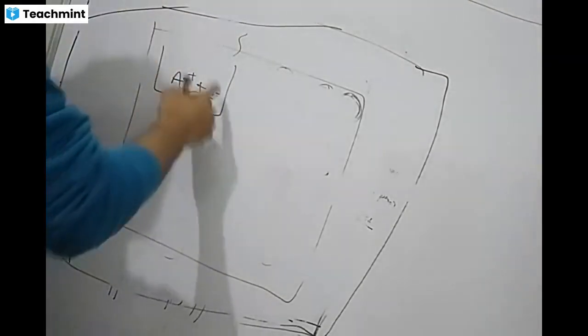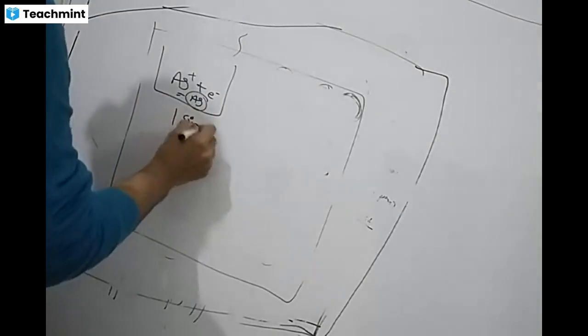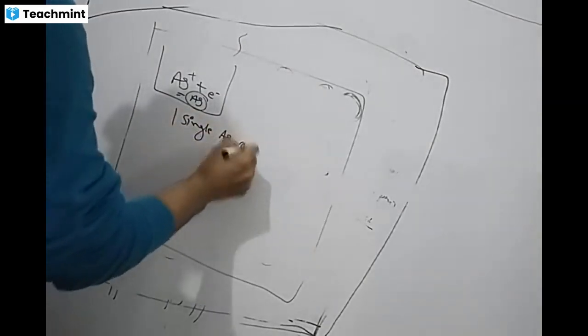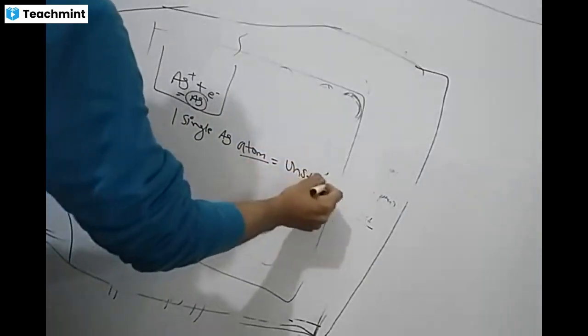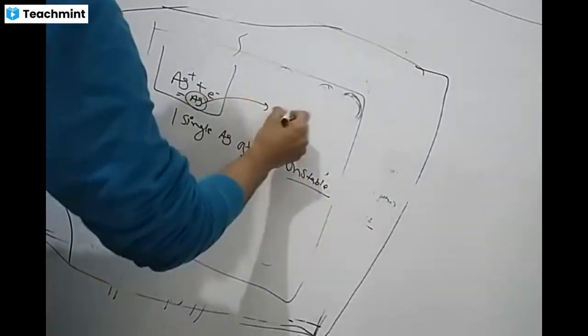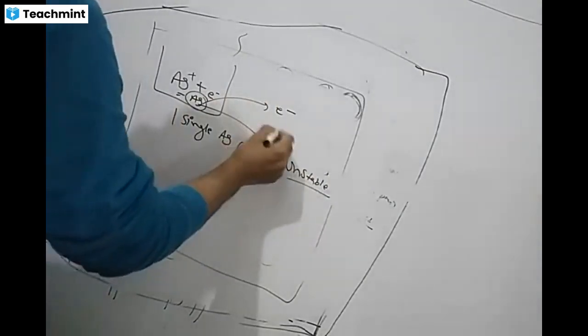Because a single silver atom is always unstable, it will again break into an electron and Ag plus.